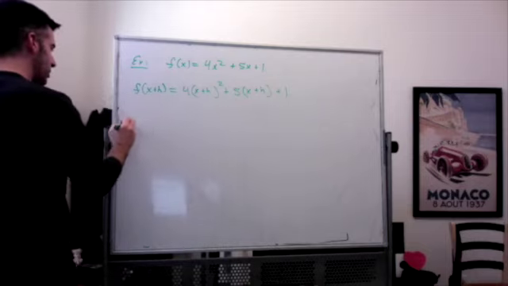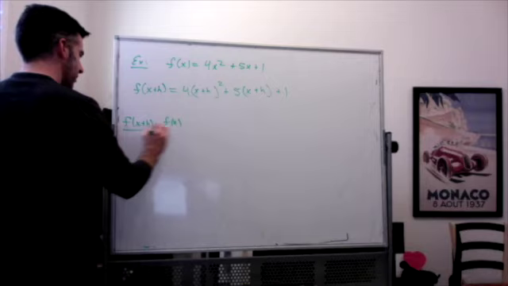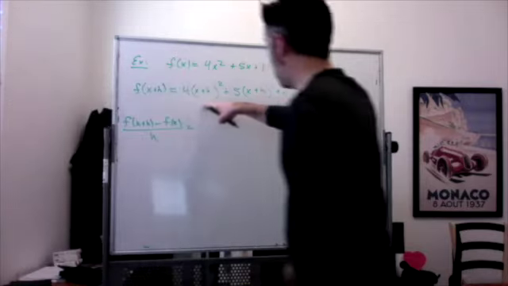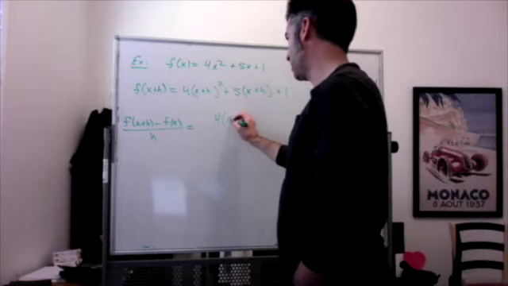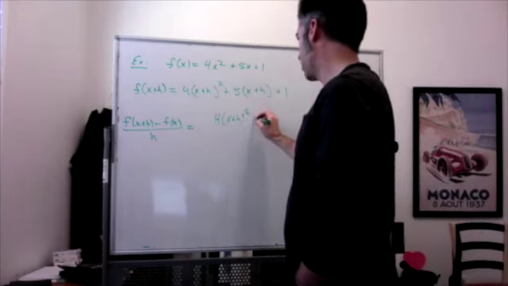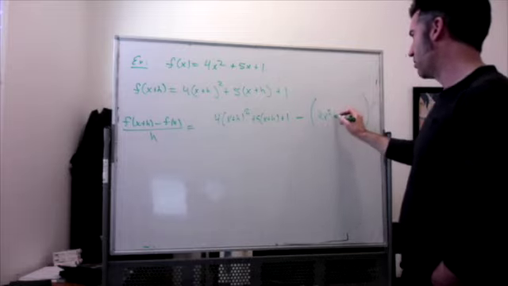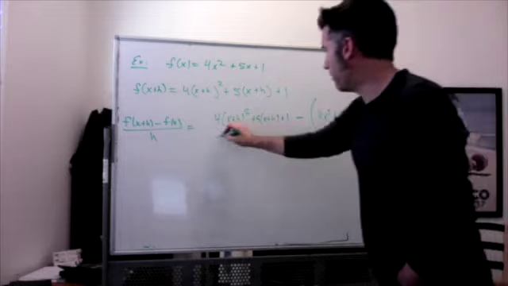Then the difference quotient, f of x plus h minus f of x divided by h, is going to equal 4 times x plus h squared plus 5 times x plus h plus 1 minus all of f of x, which is 4x squared plus 5x plus 1, divided by h.